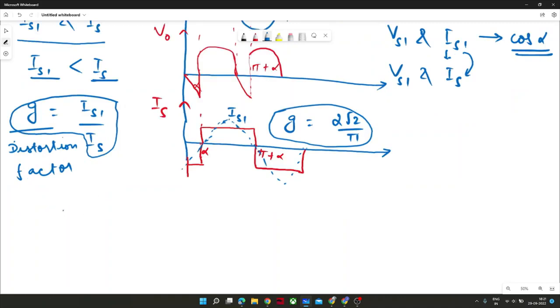So Is1 is the sinusoidal one, and if you see this, how to calculate the Fourier series of this square wave. Let me show you.